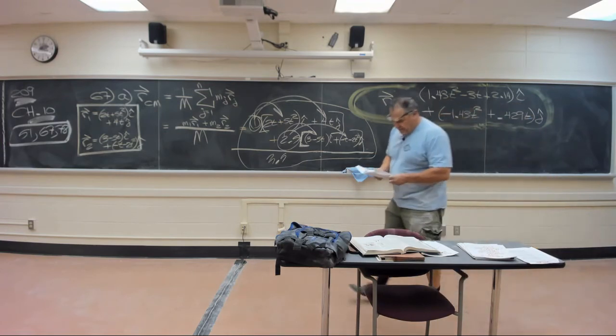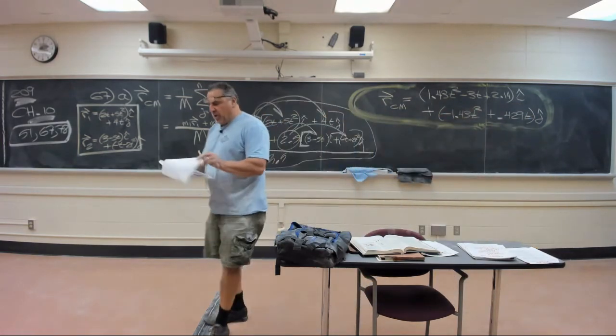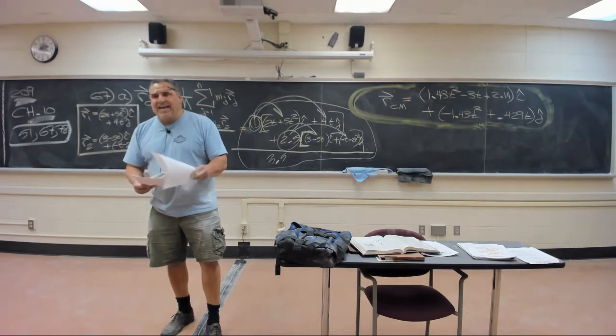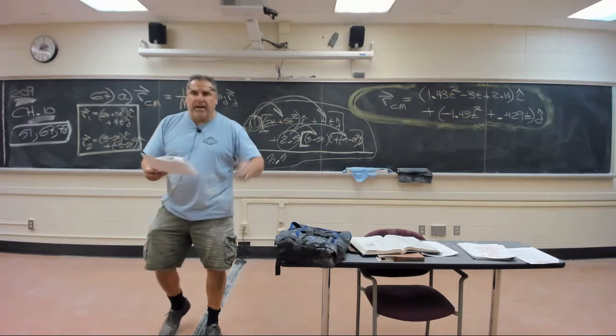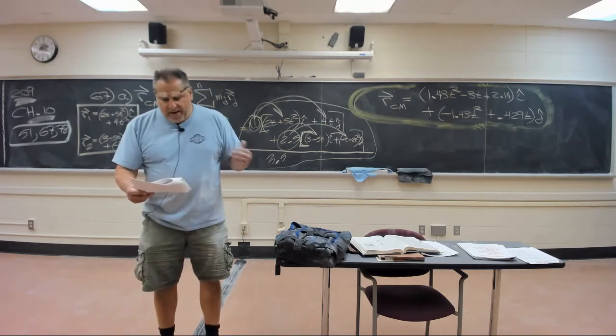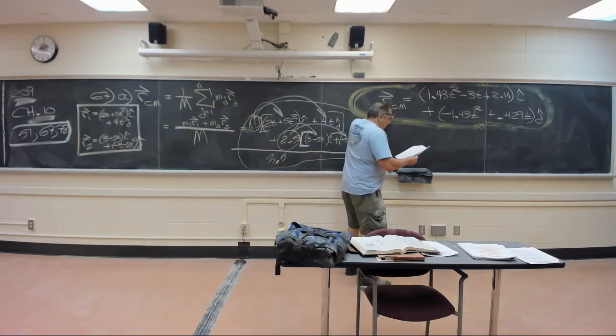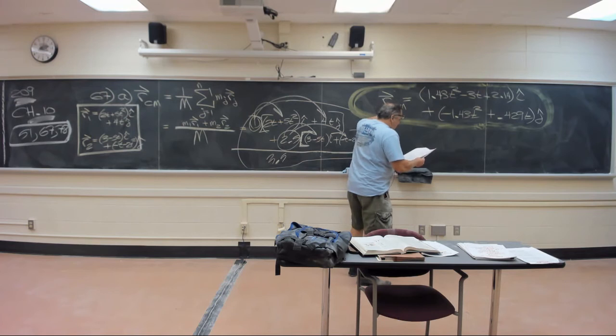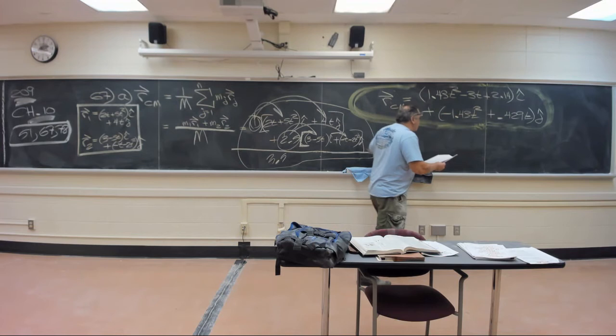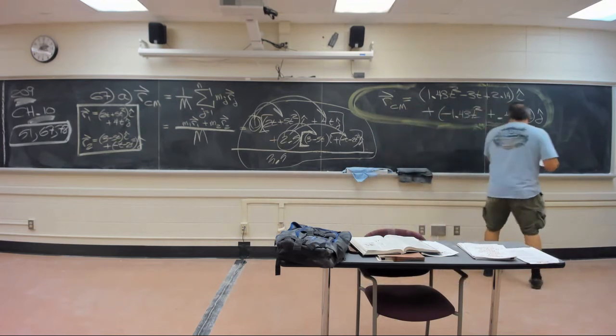I will promise you, if you do that, you will get the initial answer that I gave you within the last 5-10 minutes, whenever we had done it. When we got RCM vector is going to be 6i plus negative 11.6j. It's going to be in that ballpark in meters.